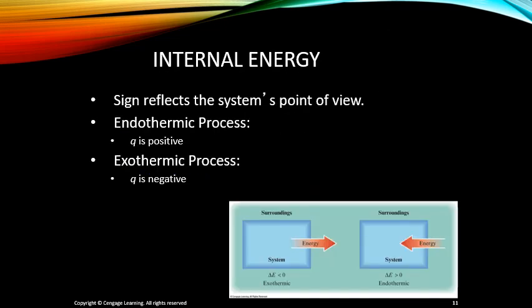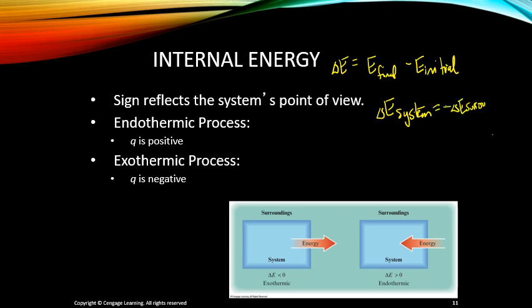Please remember, when we're looking at the internal energy, delta E represents the final energy position for the system minus the initial energy position. The sign that we have is always reflecting the system's point of view, but whatever the change in energy is for the system, it will be the negative change in energy for the surroundings.